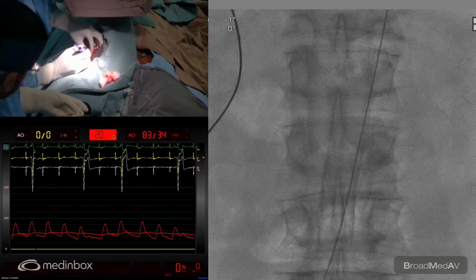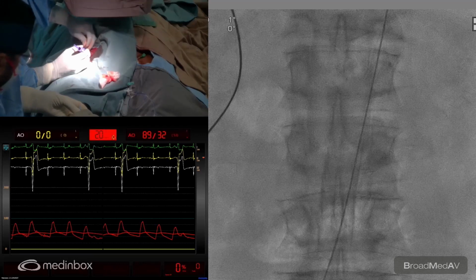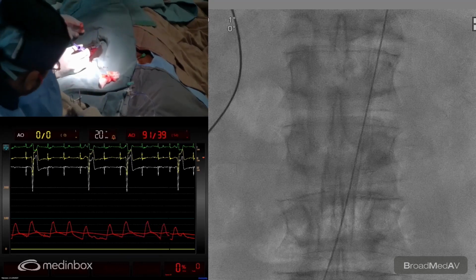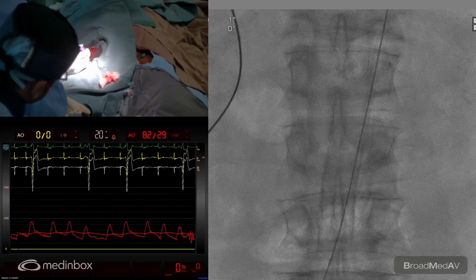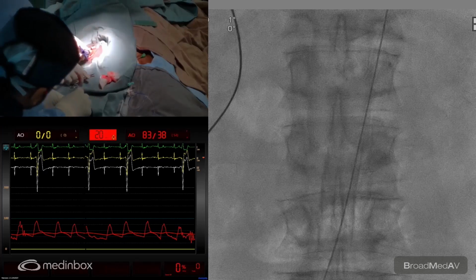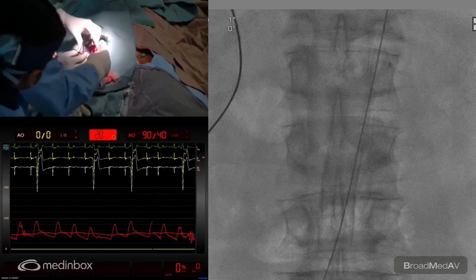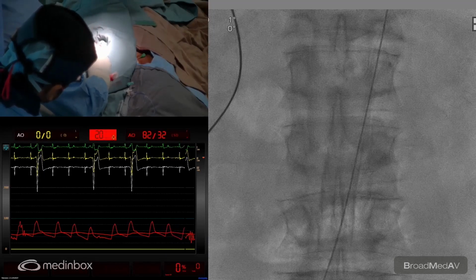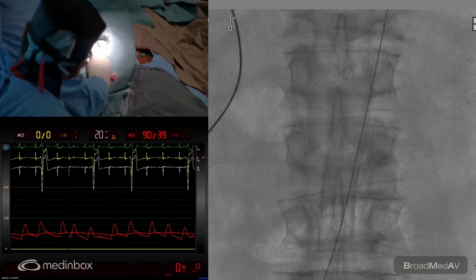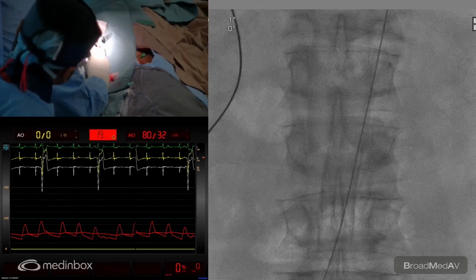Please. It's very important that you get a good access area. And Nanda is ensuring that the sutures are now nicely clamped in with the forceps.